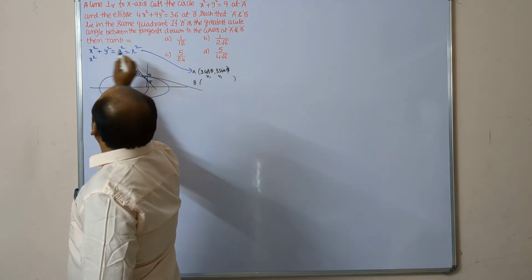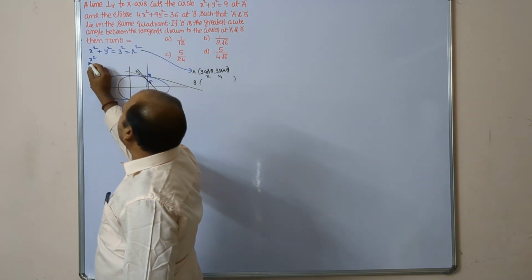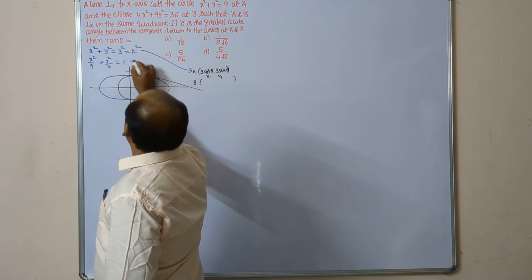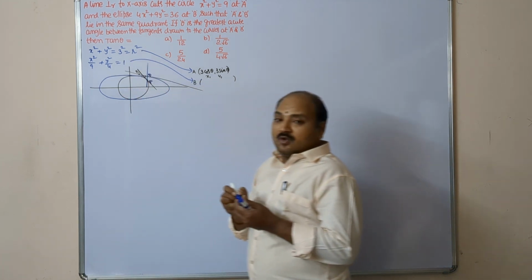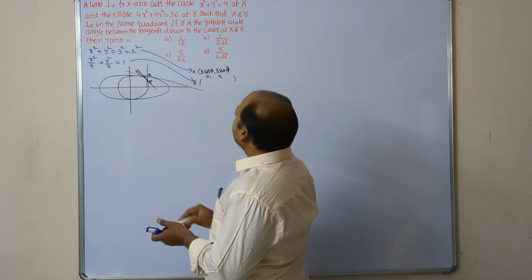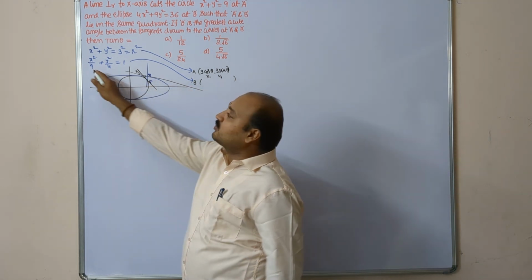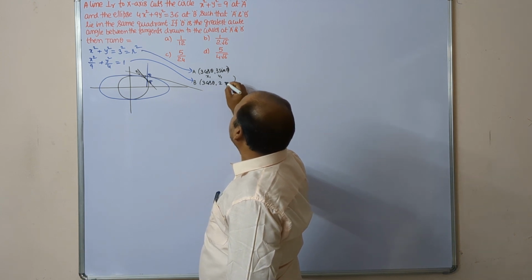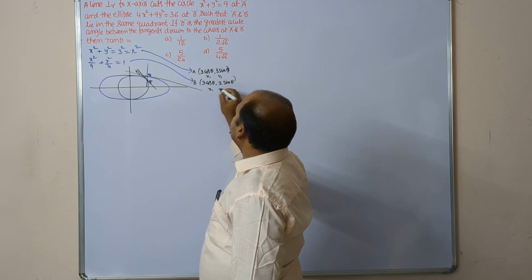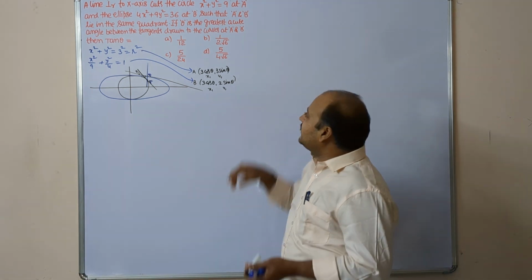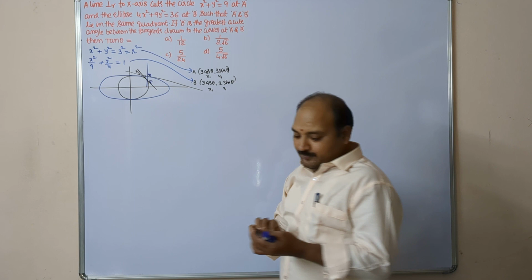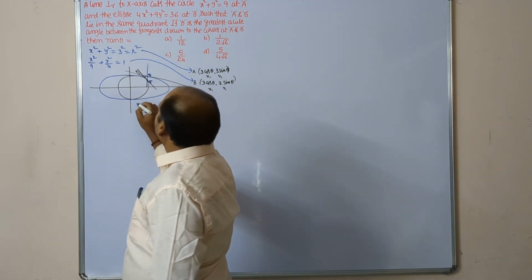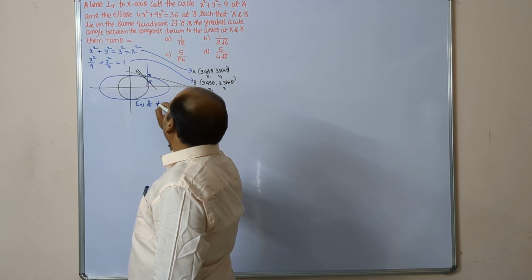Next, x square by 9 plus y square by 4 equal to 1, from dividing by 36. So the parametric point for the ellipse: here a square is equal to 9, a is equal to 3, so 3 cos theta comma b sin theta, and b means 2 sin theta. So this is also x1 y1. So tangent equation at A, tangent equation at B. So tangent equation of tangent at A.